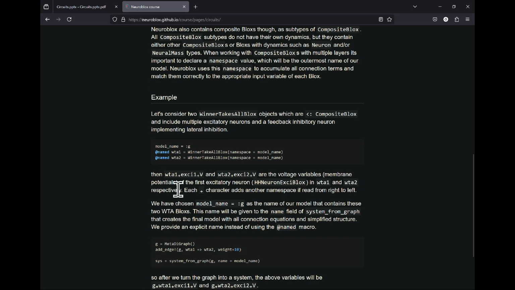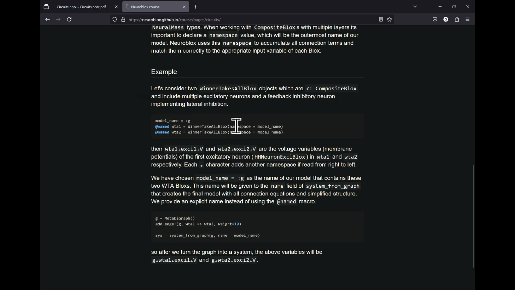The long story short is that namespace is something that we were asking you to add to your custom blocks, but we're keeping equal to nothing for now, because if we just use neurons, there's no hierarchical structure beneath that neuron, so you don't need to carry around this namespace that qualifies the name of every variable and of every parameter.